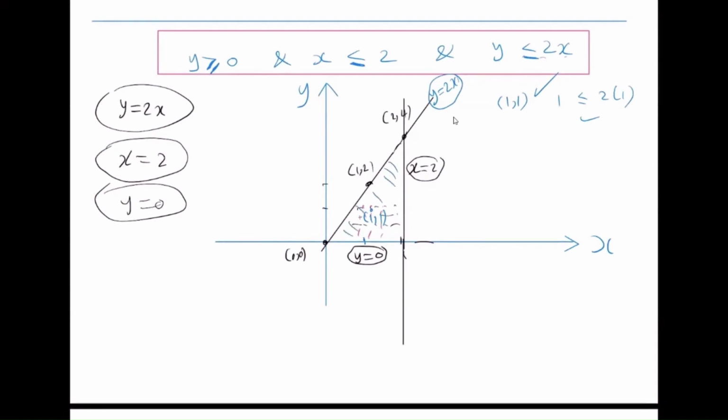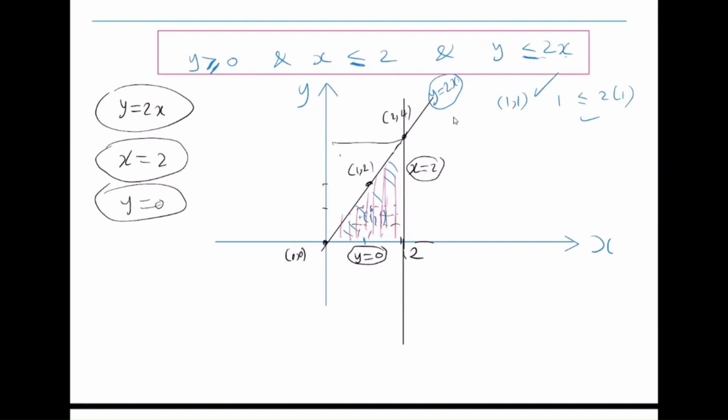So where is the region satisfying all of these three conditions? y bigger than or equal to 0, this red part. So x is from 0 to 2 and y is from 0 to 4. Yes, right. And the region here is the main. You need to tell me which region, which form. This triangle or the one above here?